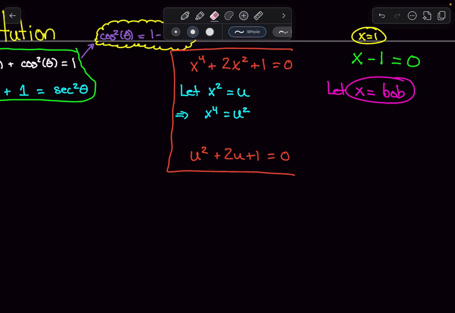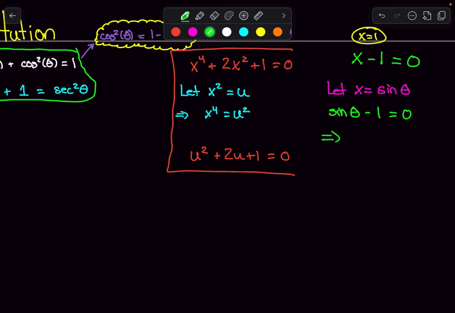Instead of x equaling Bob, what if we do something super outrageous? Let's let x be equal to sine of theta. And so our problem now is sine of theta minus 1 is equal to 0. Why would I do this? No one in their right mind would, but I want to drive home the point that at any time I can make this substitution, because I'm going to get sine of theta is equal to 1. And I could ask, when is sine of theta equal to 1?